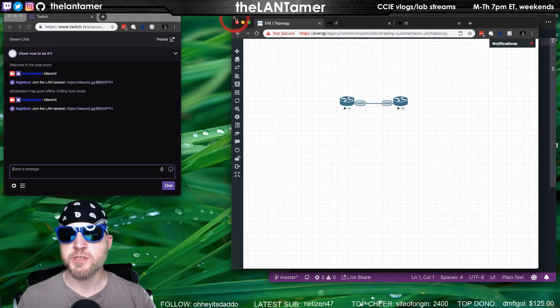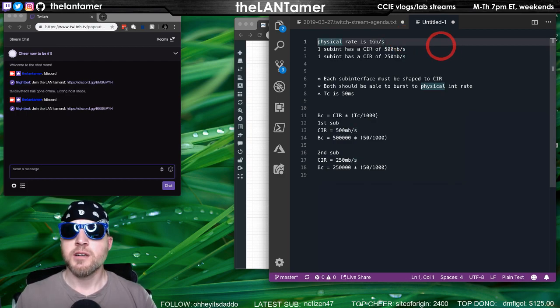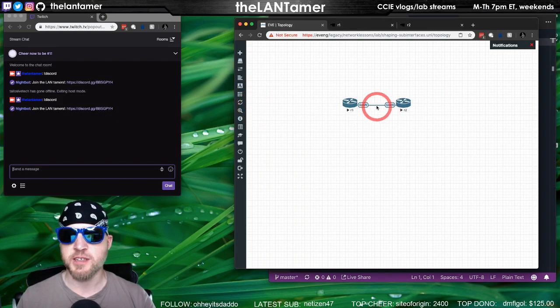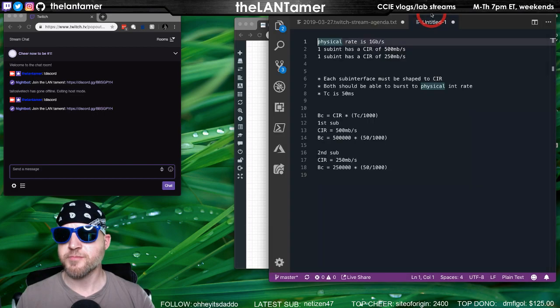The original idea was to allow this to burst to the maximum of the physical interface. Scratch that, we're not going to do this yet. But let's say this is a gigabit interface, right? And we have two sub-interfaces here. We're going to have Gi0/0.1 and Gi0/0.2 on each side.